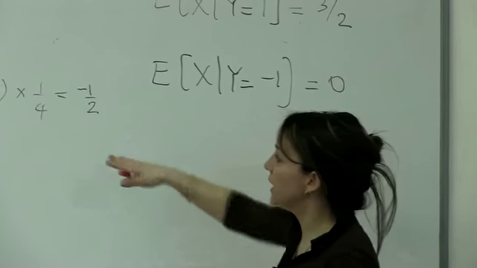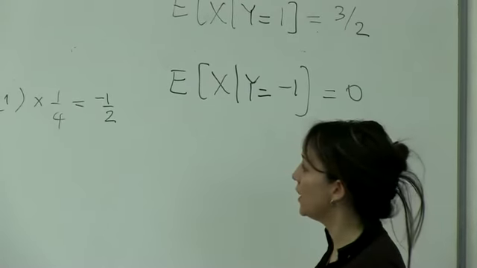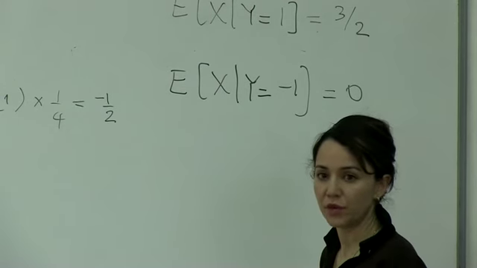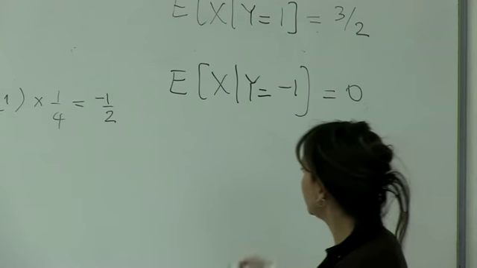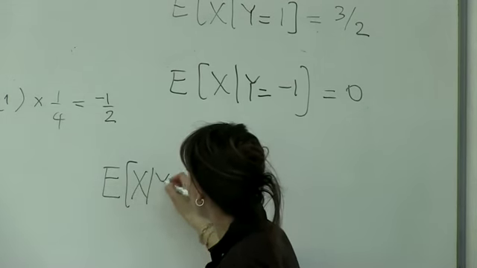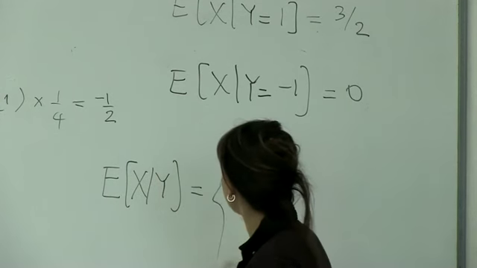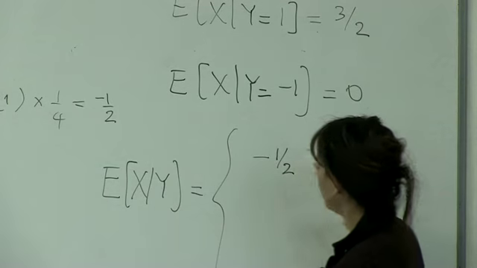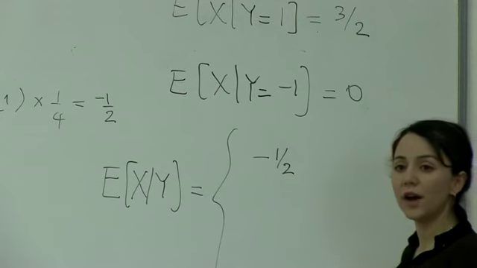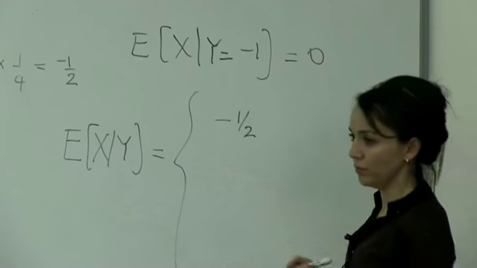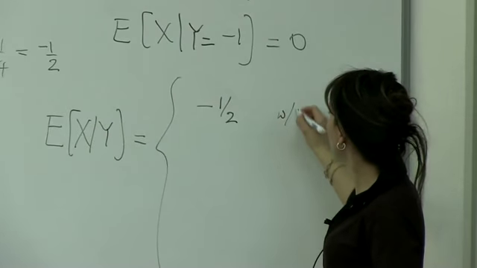Now we know expectation of x given y for every value of y. Okay? Let's write this down. The expectation of x given y equals negative 1 over 2 when y is 2, which happens with probability what?